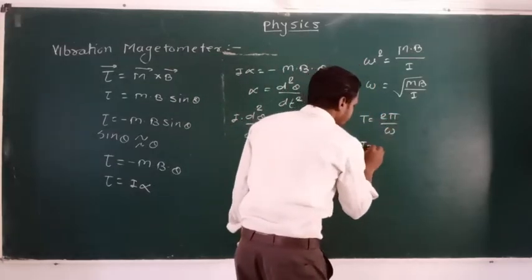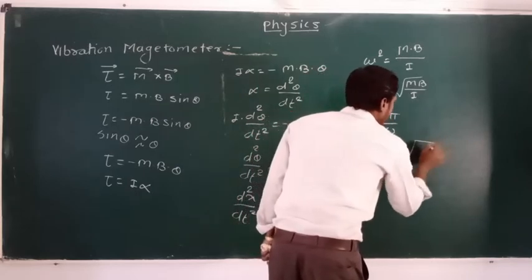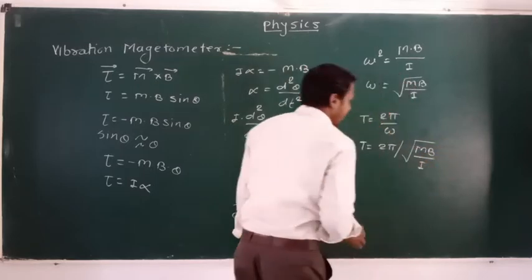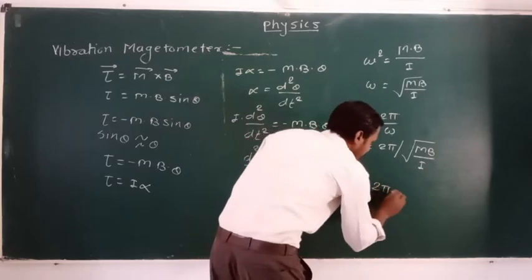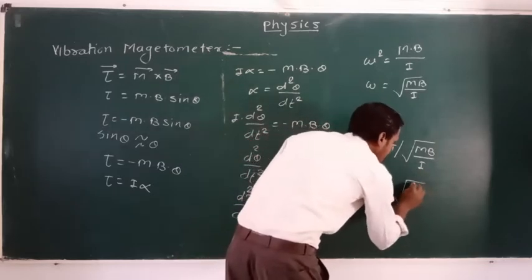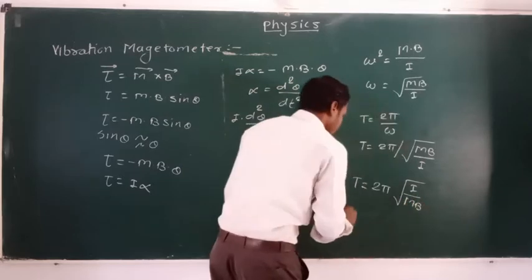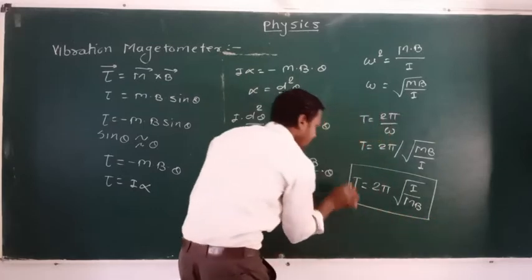That is, t is equal to 2 pi divided by under root mb divided by I, that is, t is equal to 2 pi under root I divided by mb. This is the formula of the time period of the vibration magnetometer.